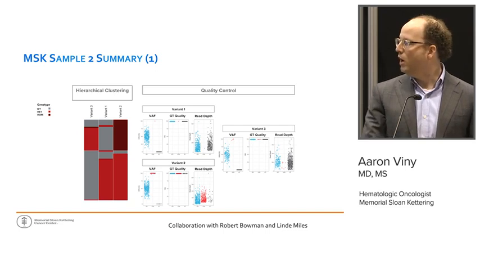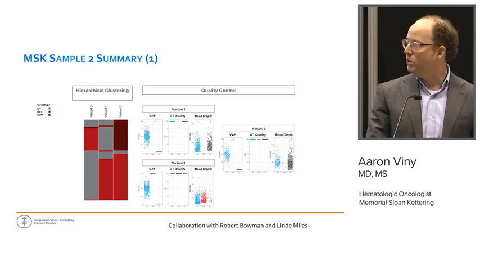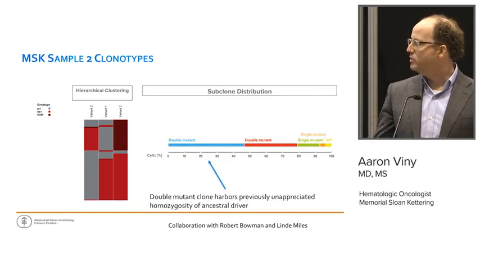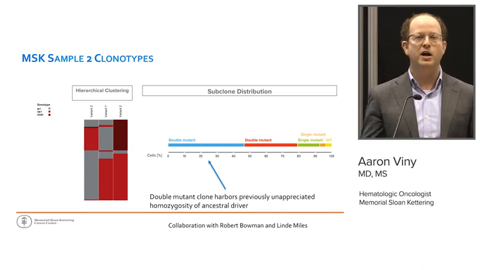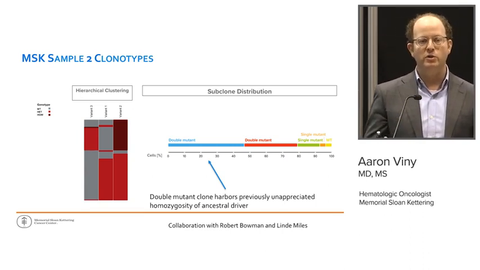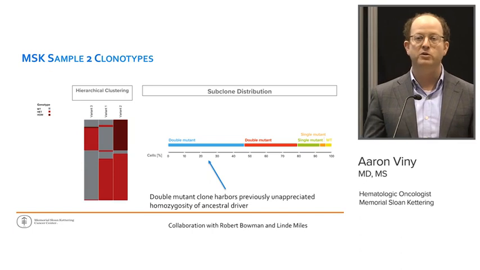And so while we identify a particular variant as a large double mutant clone, it has a completely unappreciated homozygosity of a driver mutation that was unable to be appreciated by bulk sequencing.